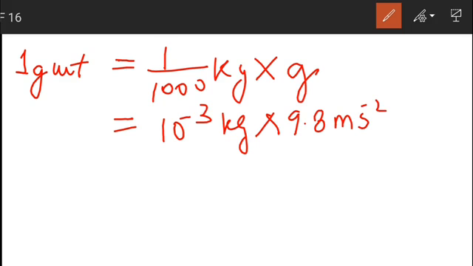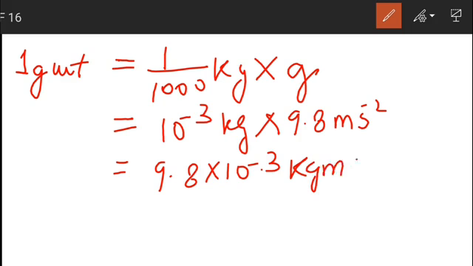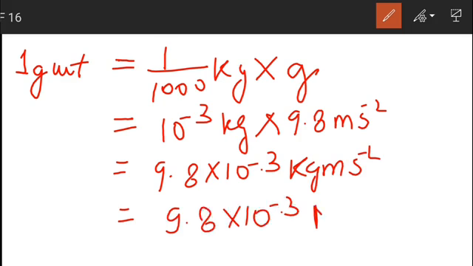Okay, so it is equals to 9.8 into 10 to the power minus 3 kilogram meter per second square, or we can write it as 9.8 into 10 to the power minus 3 Newton. Okay students, it means 1 gram weight is equals to 9.8 into 10 to the power minus 3 Newton.